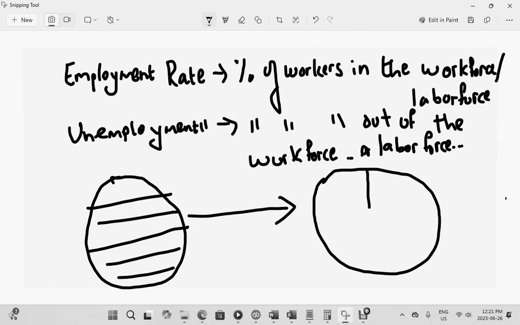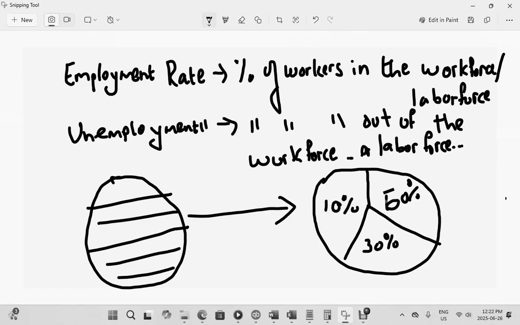Say you have 60% who are employed, and the other 30% are unemployed, and you have 10% of discouraged workers.